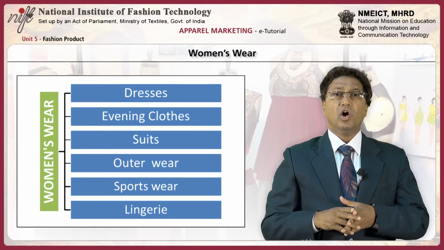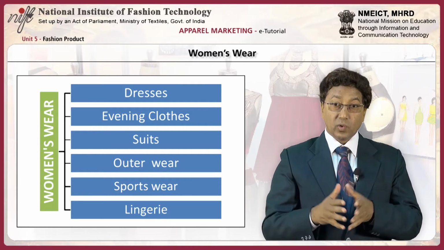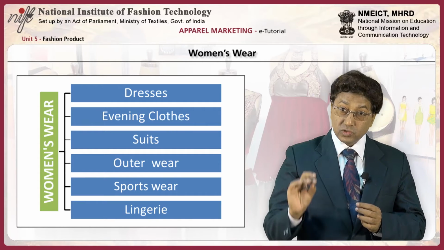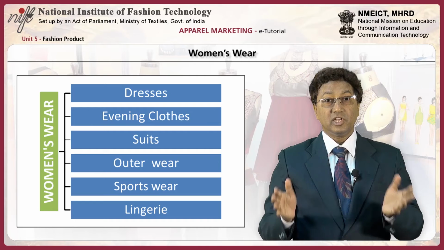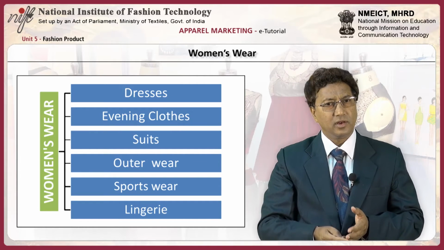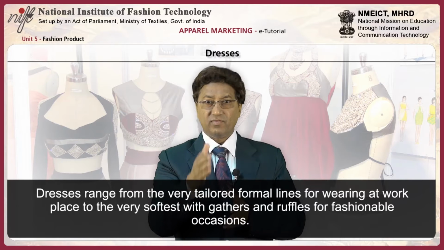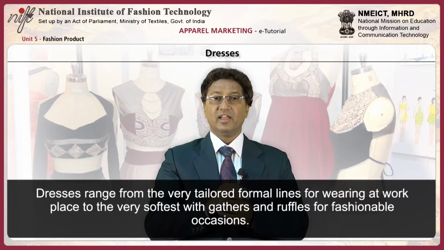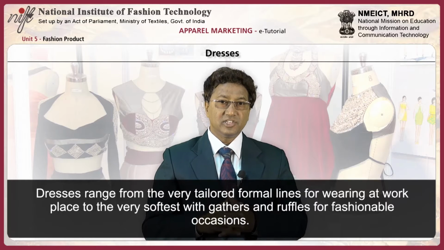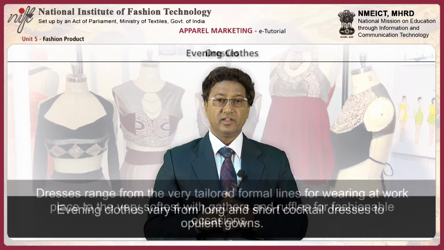For example, women's clothes have many classifications, including dresses, evening clothes, suits, outerwear, sportswear and lingerie. Let us see one by one. Dresses range from the very tailored formal lines for wearing at a workplace to the very sophisticated with gathers and ruffles for fashionable occasions.